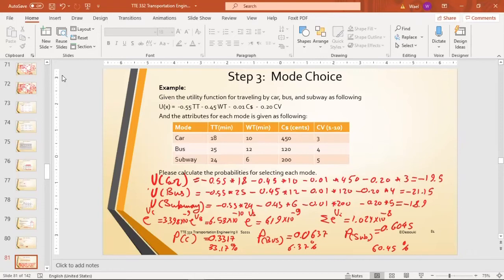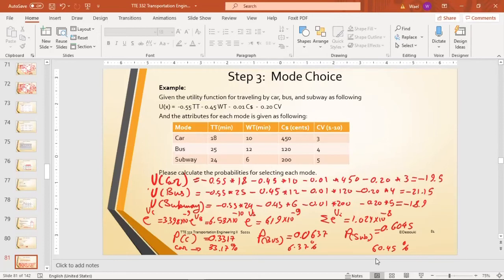That means if we have a production, we can distribute these, or if we have trips between origin I and destination J, and they have these modes of choice, then this is going to be the split. Not all trips will be going by car. Only 33% will use their cars, 6% will use the bus, and 60% will go by subway. Clear?